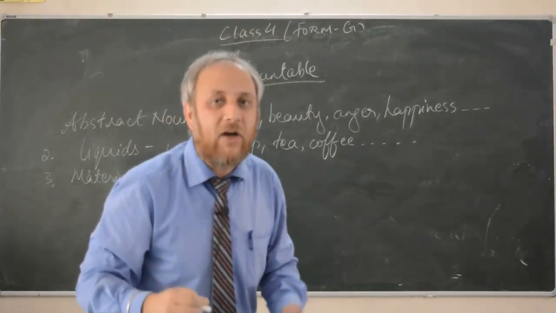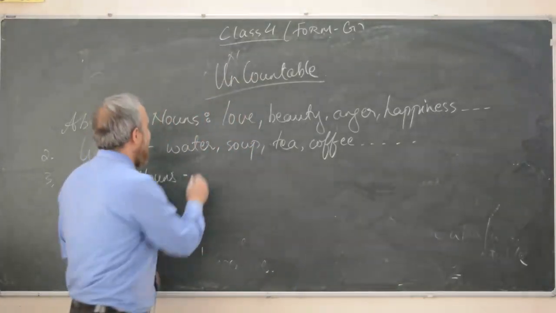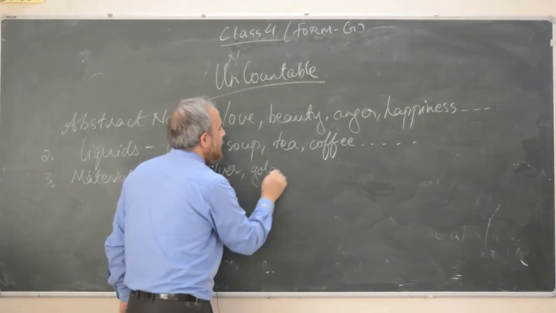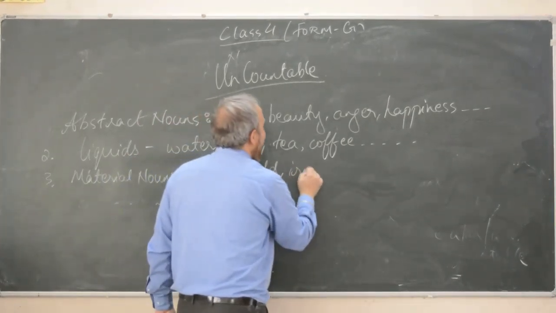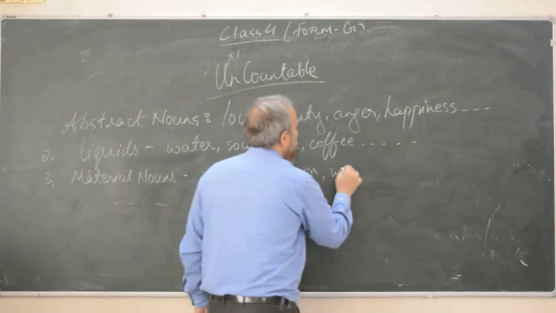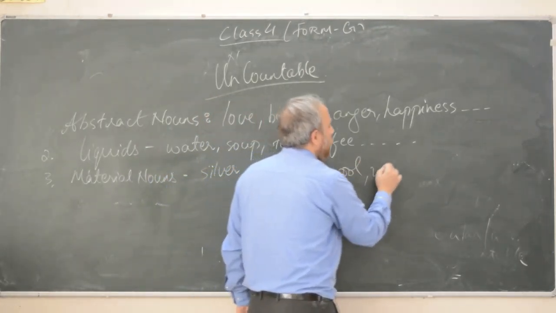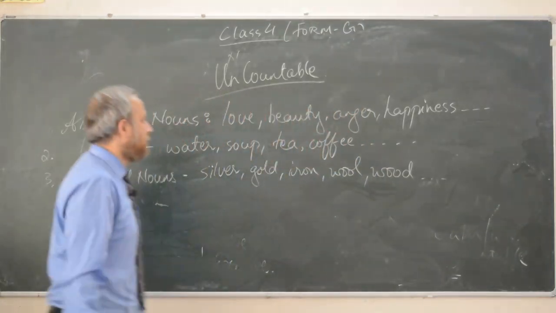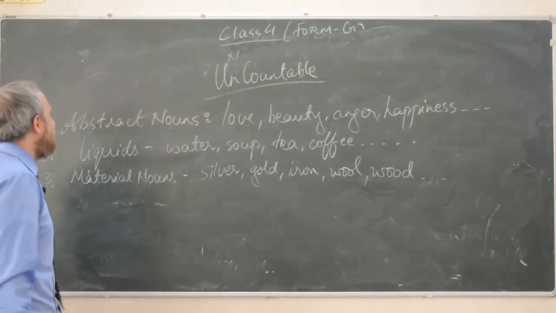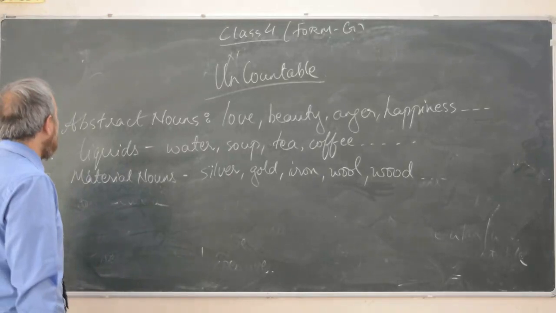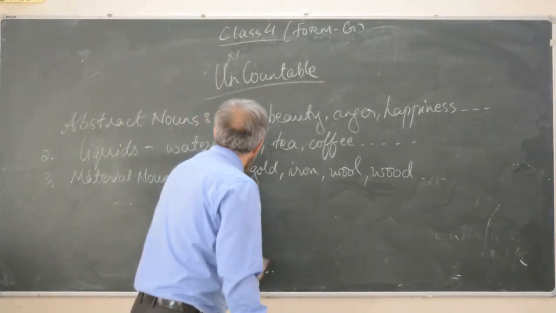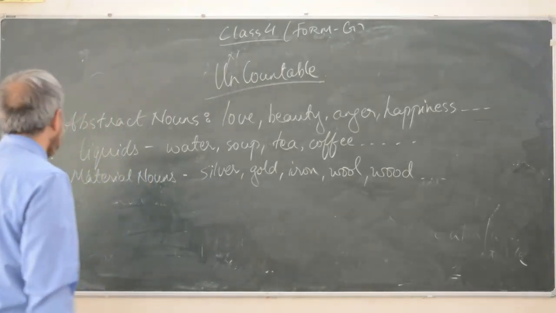Those nouns are called material nouns. Like silver is an uncountable noun, gold is an uncountable noun, iron is an uncountable noun, wool is an uncountable noun, wood is an uncountable noun. So abstract nouns are uncountable, liquids are uncountable, and you have material nouns that are uncountable.